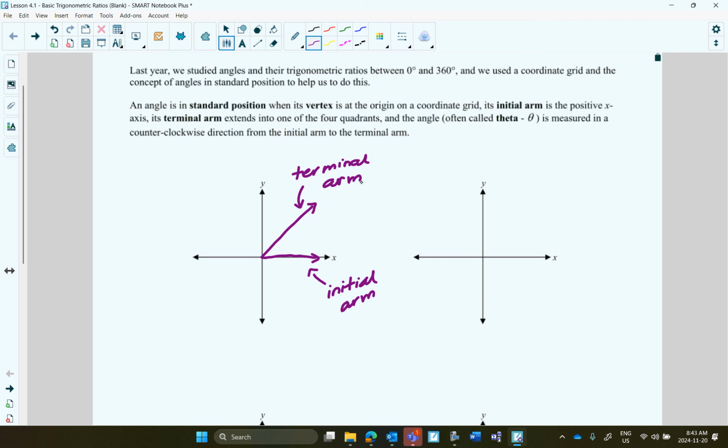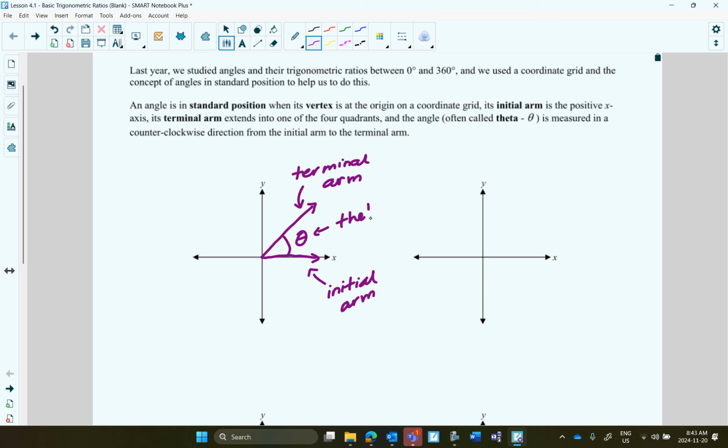And this is the angle that we measure. And usually you guys are used to measuring counterclockwise, starting from the initial, going to the terminal, which we do with most angles, except we're going to introduce negative angles, which actually go the opposite way. Okay? Anyway, the angle between these 2 arms, we usually refer to as theta.